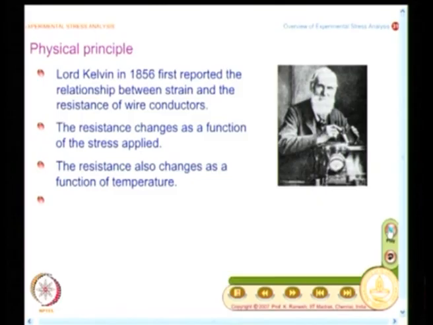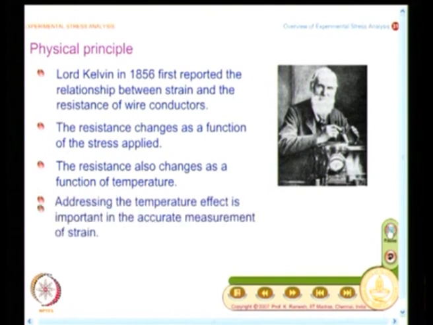The resistance being a function of the stress applied is comfortable for strain analysis or stress analysis, but resistance is also a function of temperature, which gives you disturbance. And if you look at the technological development, you have to look at how this temperature effect is taken care of.